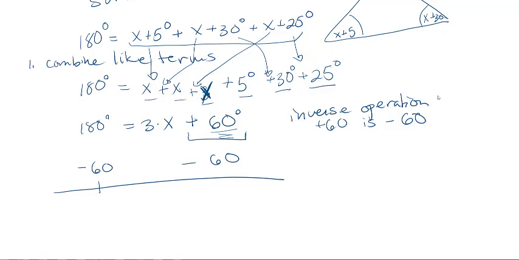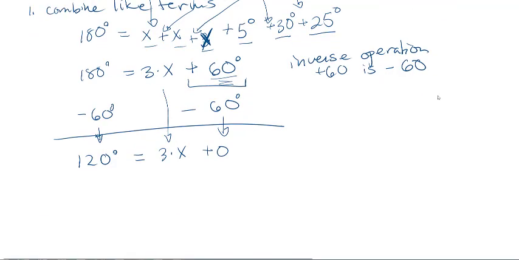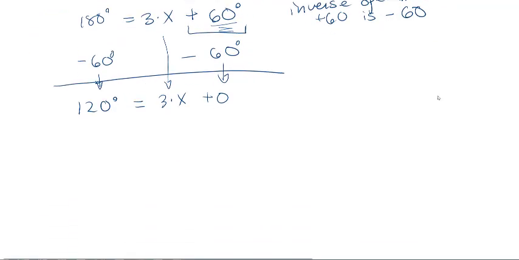So we get here on the left, we have 180 minus 60, which is 120, right? Equals, we have here 3 times x, and now our 60 minus 60 combines to 0. So we have 0 constant terms now on the right-hand side.